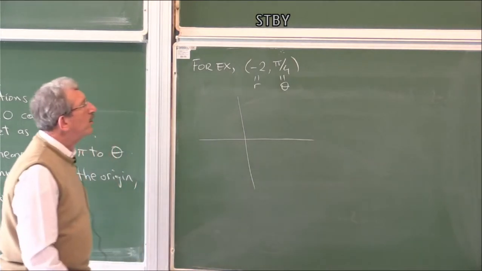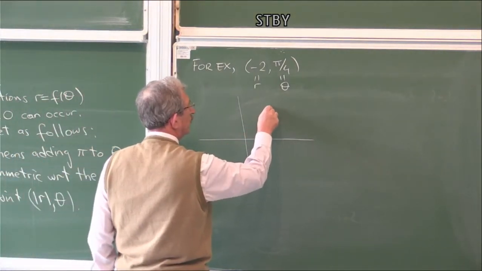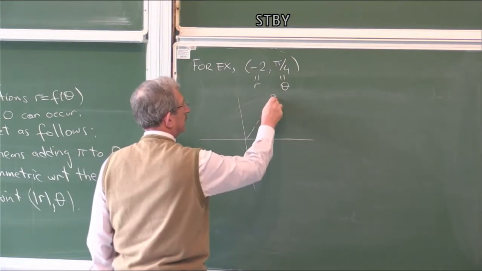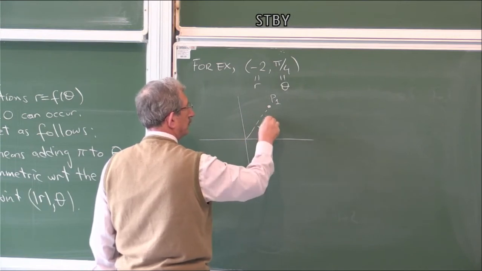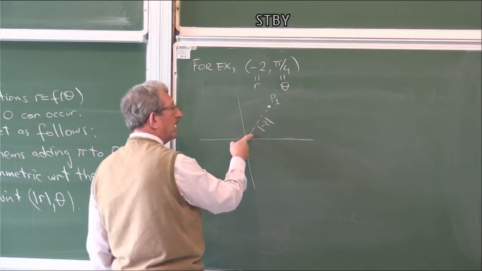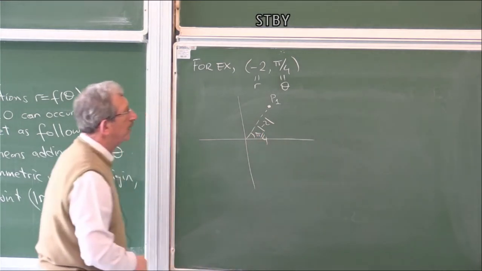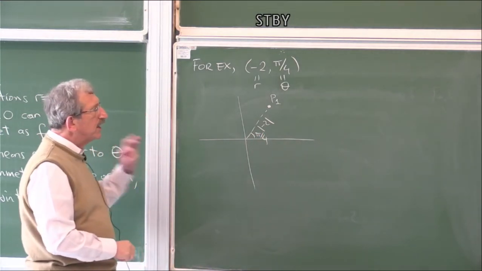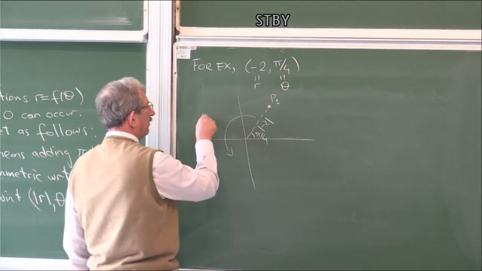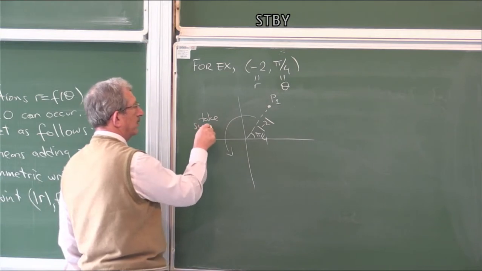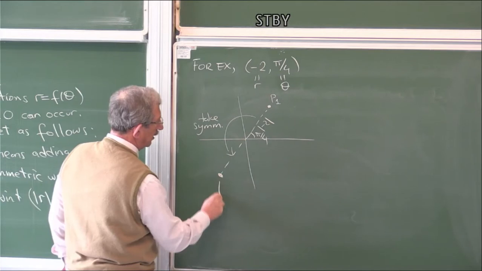Firstly, we draw the point which has absolute value 2, it's a positive number, that's r, and pi over 4 as usual. Now this is not our point, and then we take symmetric with respect to the origin, we get P.